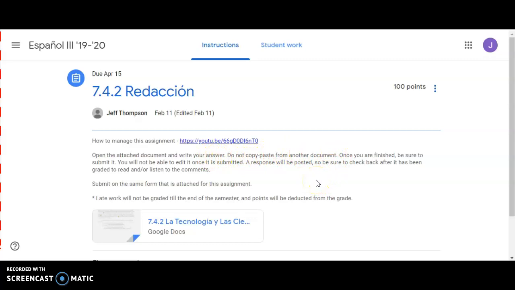I have this little app that shows me the copy paste situation. So if it's copy pasted, I'm going to have to take off points. I'm going to penalize it because it's suspicious that it's being copied from some other location. So no copy pasting. You have to do the assignment inside that document that I provide.